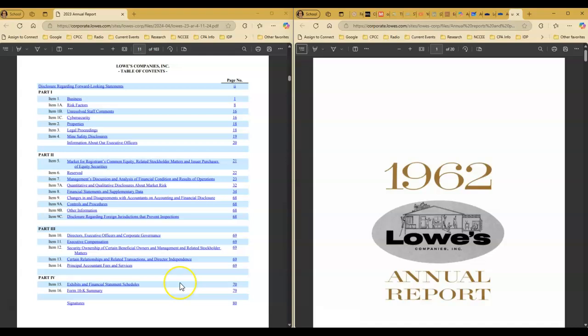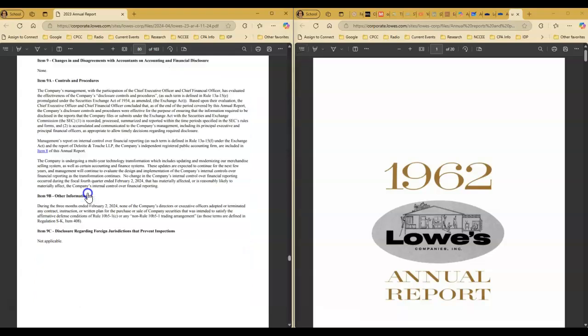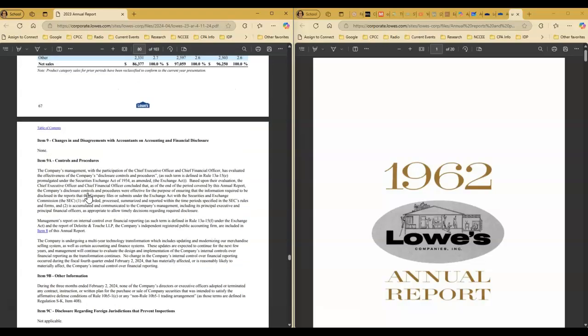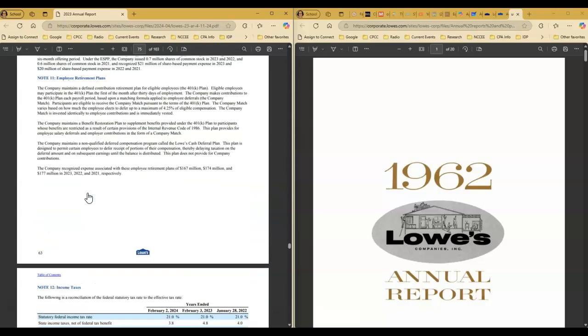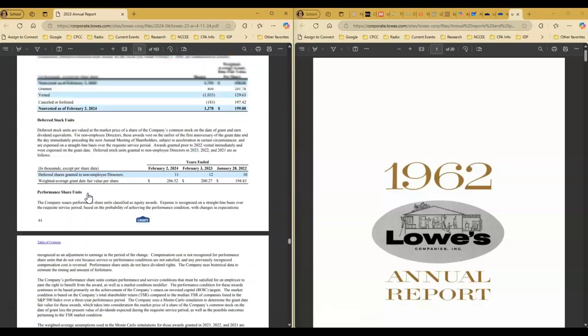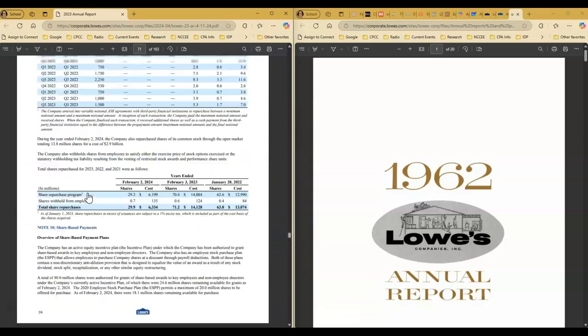Right there, item number 8 says financial statements and supplementary data. Notice that starts on page 34 and item 9 is starting on page 68. Okay, so click right there on those financial statements. The financial statements, let's get to the top of the numbers. That link didn't really work very well.